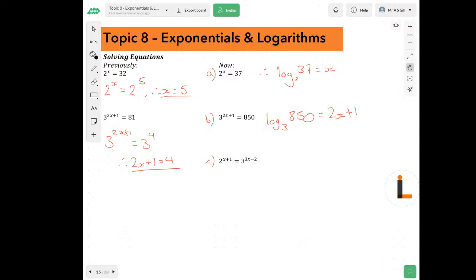So you can see parts A and B, the left hand side of each of these questions compared to the old method and the new method are exactly the same, but now logarithms allow us to work with these, let's call them difficult numbers, more awkward numbers.